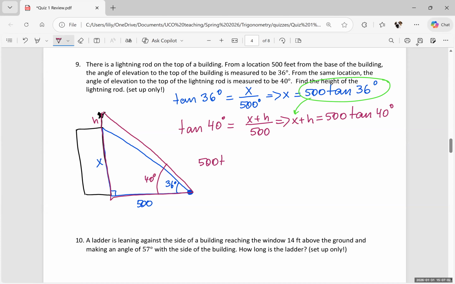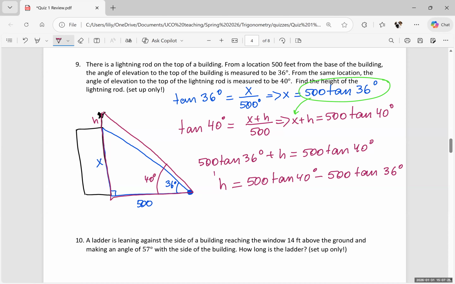So 500 tangent 36 degrees plus h equals 500 tangent 40 degrees, and then subtract stuff from both sides to just get h. h equals 500 tangent of 40 minus 500 tangent of 36. This is as far as you can go without a calculator.